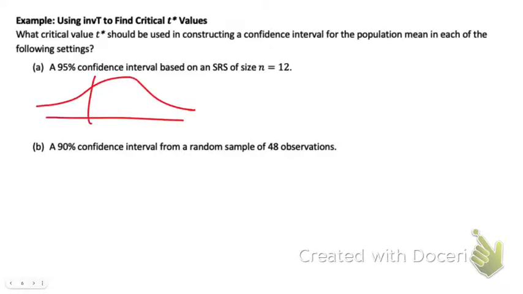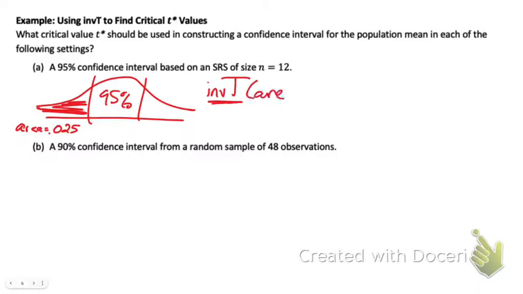All right, I do want to write down, just so you guys have this for reference later, what we did. We did 95% in the middle. We had an area over here of 0.025. And we did inverse T, our area was 0.025. Our degrees of freedom were 11 because n minus 1 is 11 here.